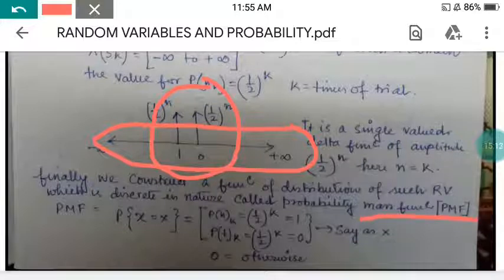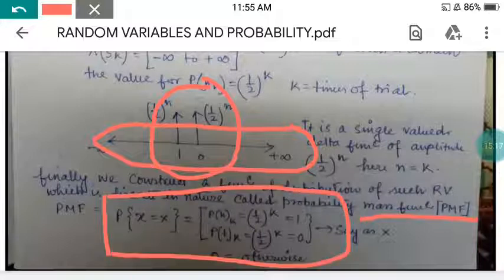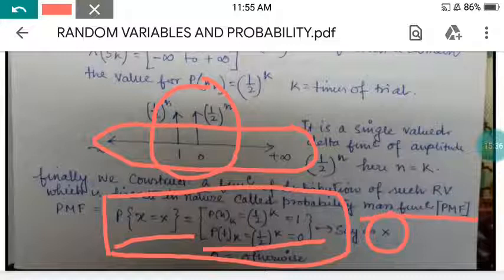It is written this way: P(X = x), that is P(H)^k equals half for k equals 1, and P(T)^k equals 0. This is the random variable value x, and it is 0 otherwise. So no mutual cases are being considered here.